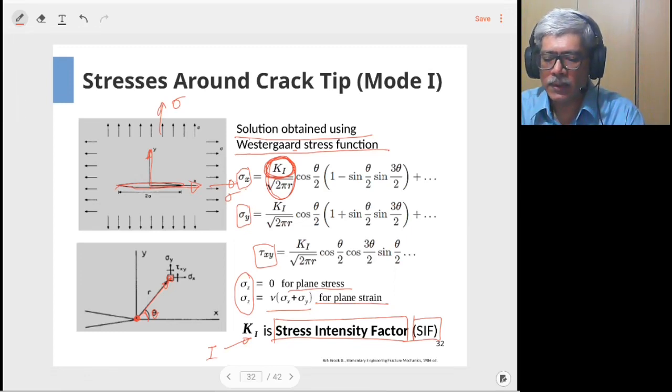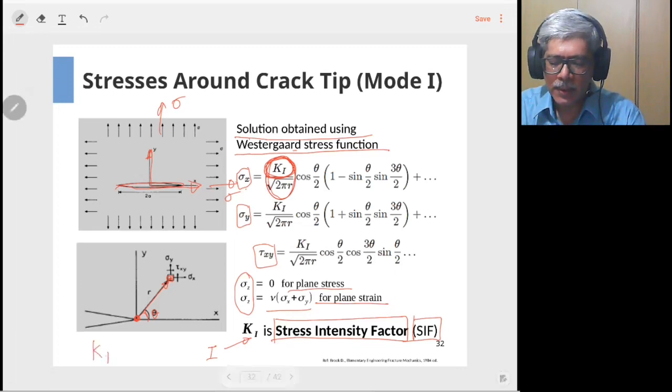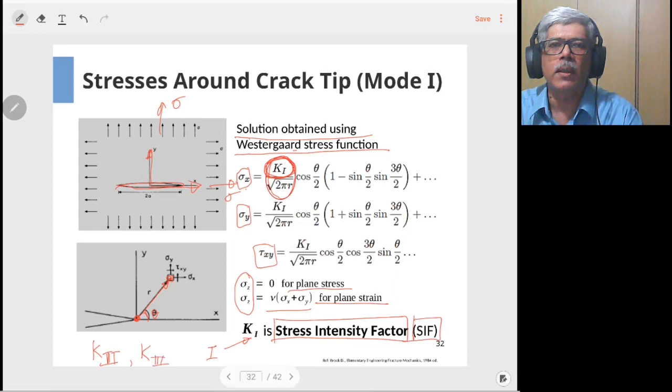So here, since the solution is given in terms of mode 1, the stress intensity factor is called K1. A similar solution exists for mode 2 and mode 3 and they would be termed K2 and K3. Of course, in this course, we are not dealing with them.